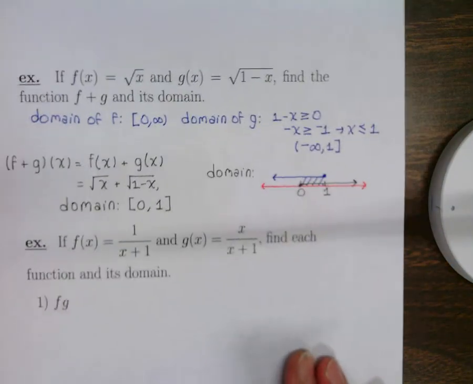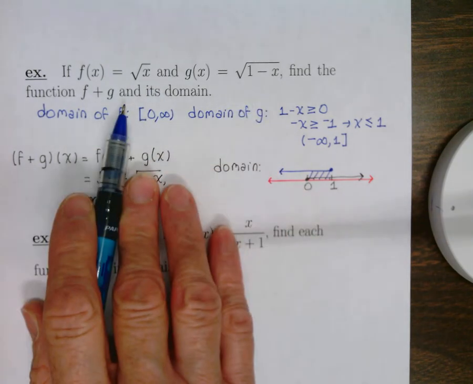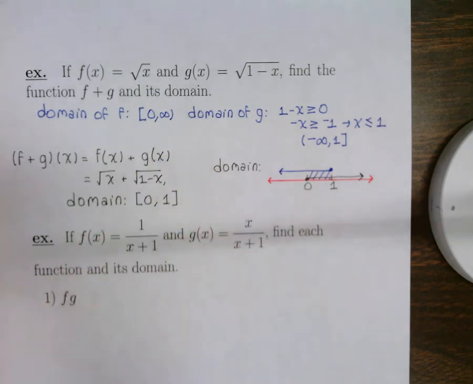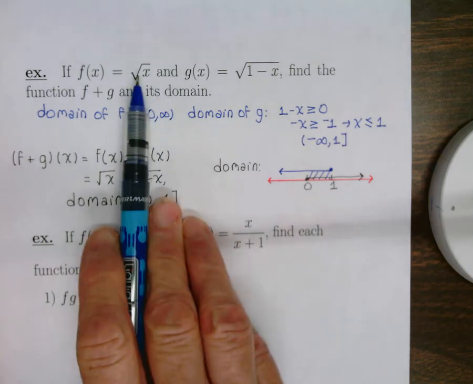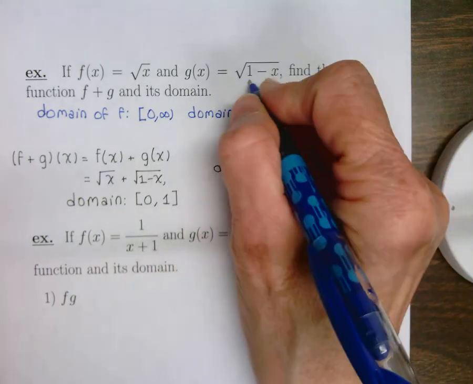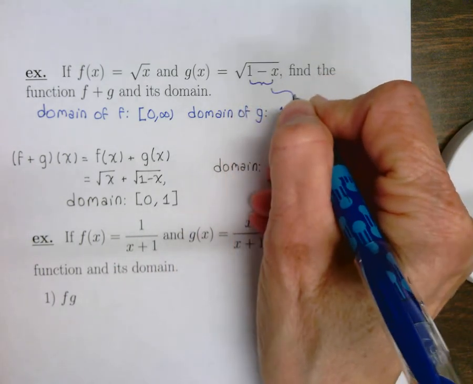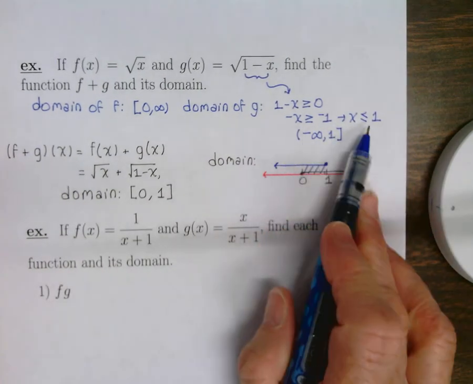We had looked at one other example, and I'm going to finish the next one for us. And here we have two functions, and we want to simply add them together, and that's no problem. It's the domain that's the issue. Now the domain of f, of course, because it's a square root, has to be greater than or equal to 0. And in g, what's under the radical has to be greater than or equal to 0. Solve that inequality, and you can see that.